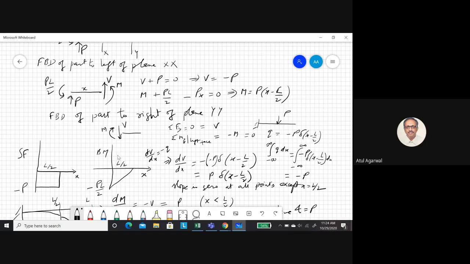If you draw the shear force and bending moment diagram, you get a value of minus P up to x is equal to L by 2. Similarly, for bending moment, you put x equal to 0 here, you get minus PL by 2. Put x is equal to L by 2, you get 0. And after x is equal to L by 2, you have got 0 values. You see here.